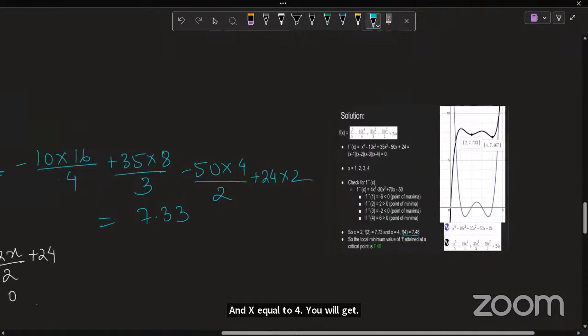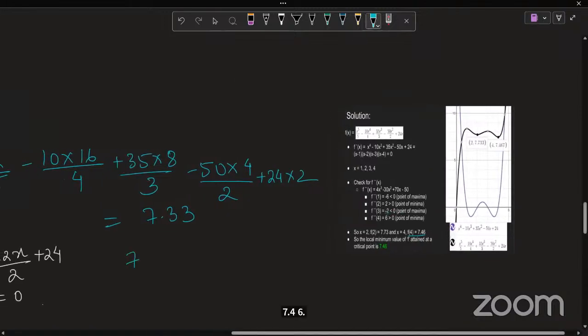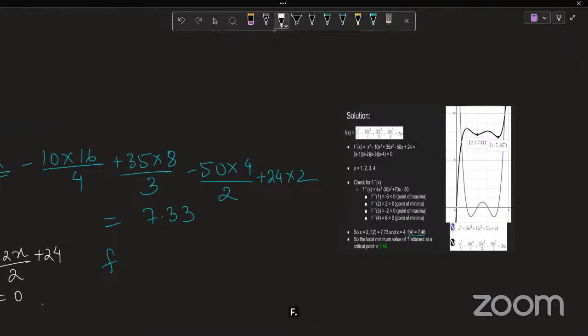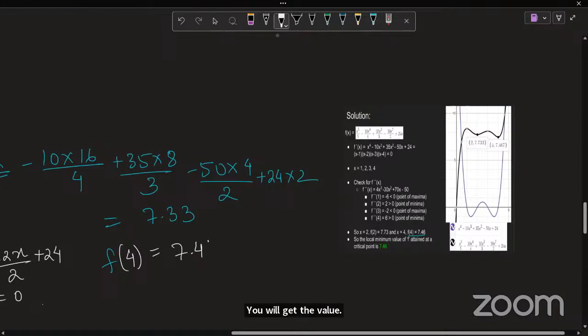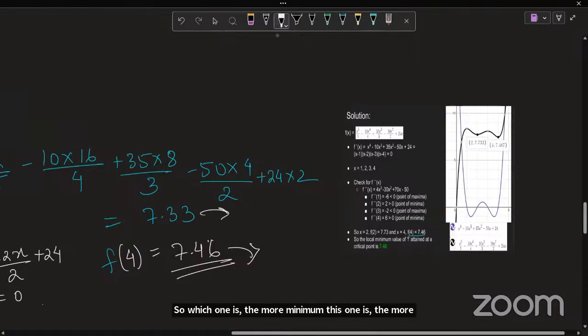Okay, if you put the value at x equal to 4, f of 4, you will get the value as 7.446. Okay, so which one is the more minimum? This one will be the more minimum. At x equal to 2 we are getting which one is maximum? This one is max, right?